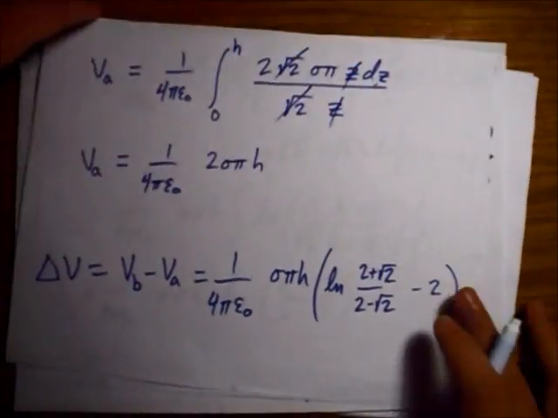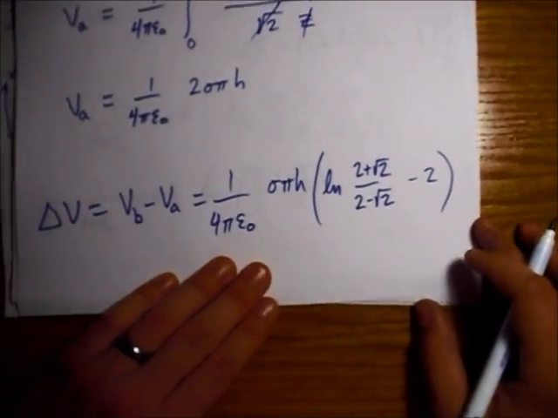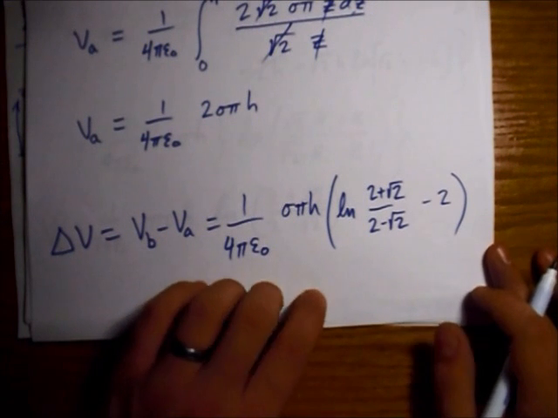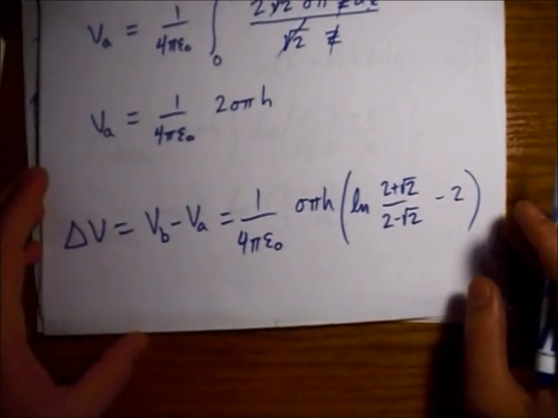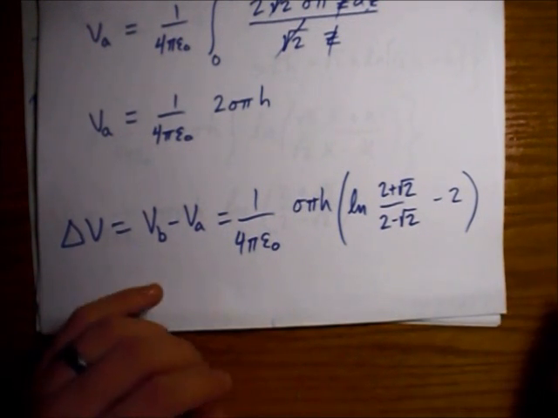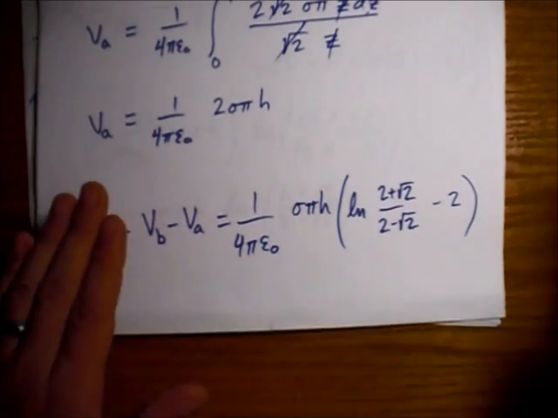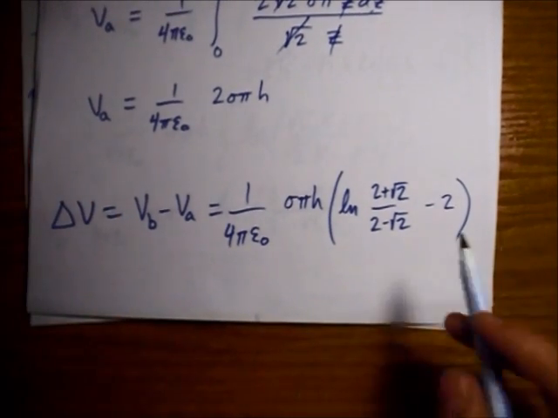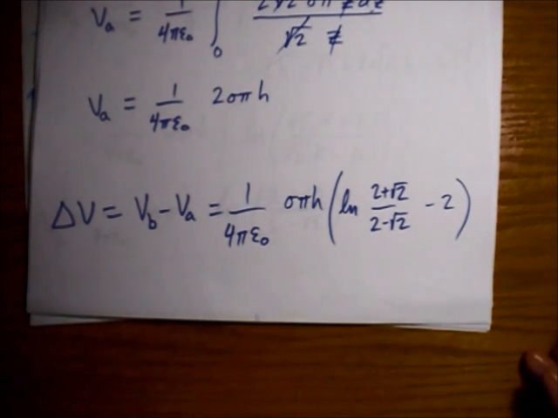So this may not be the final form that Griffiths gets, but this is the difference in electric potential from point A to point B, or point B to point A, whatever. Toss in a minus sign if you need to. But here's the difference in potential between those 2 points.